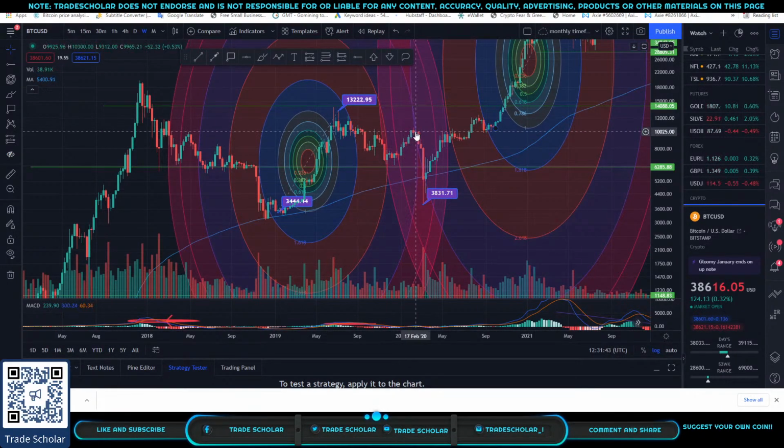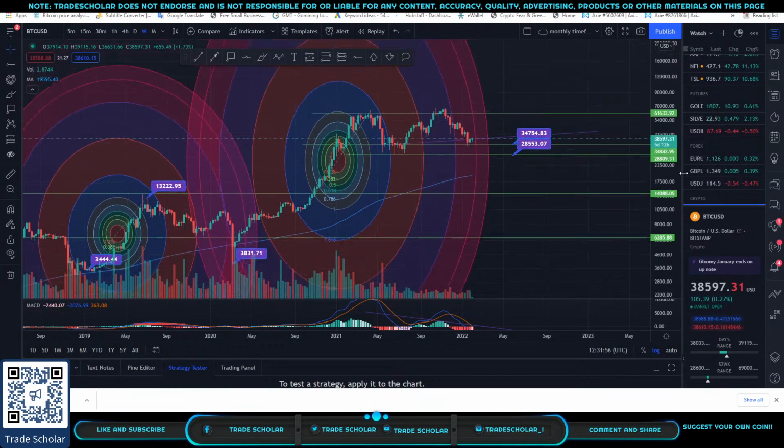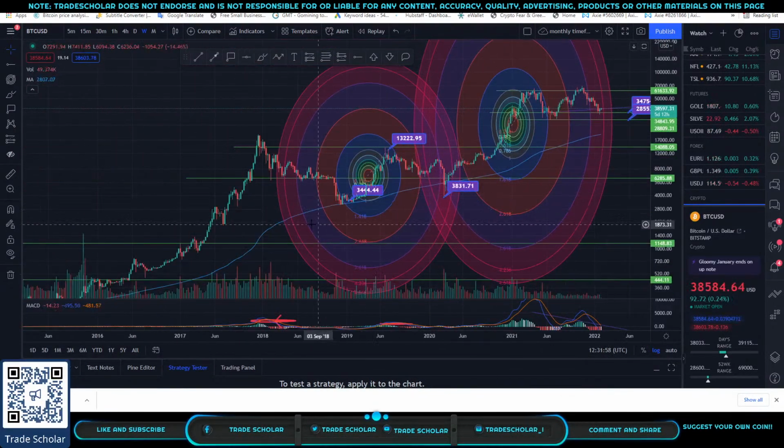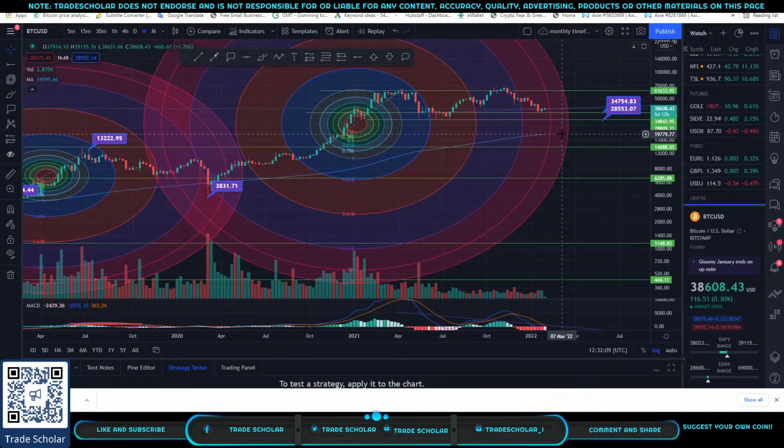We bounce, we drop, crossing the ring, we drop, and then we find a support in our 200 moving average, and then went up again. So from here, if we really need to touch the 200 moving average before another bull run, we haven't touched it yet. And the price of our 200 moving average is in 19,000.